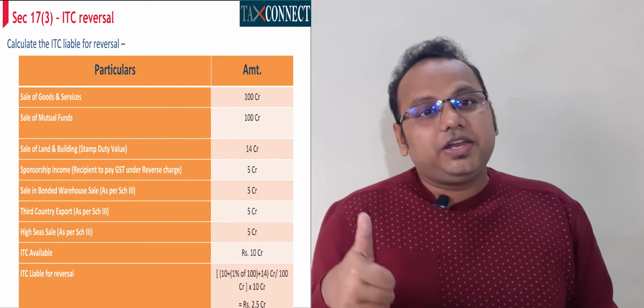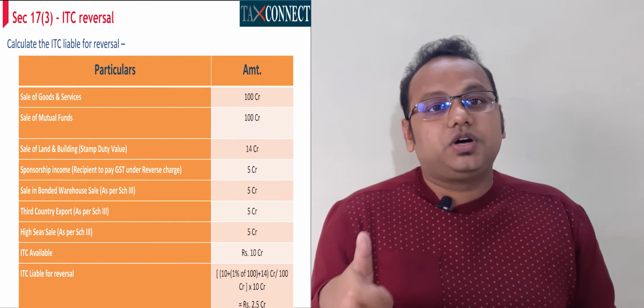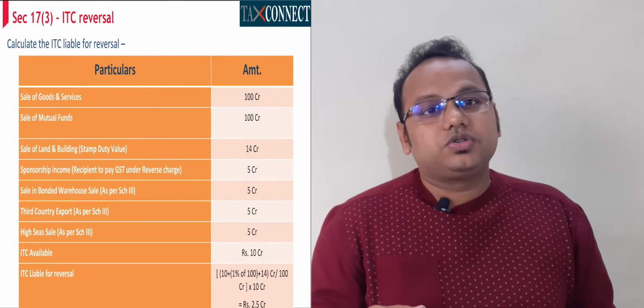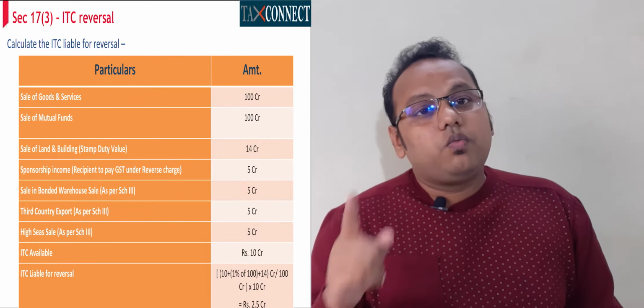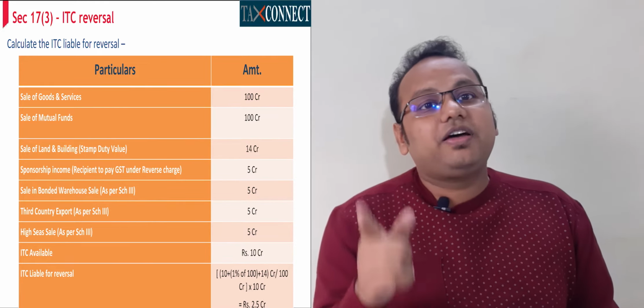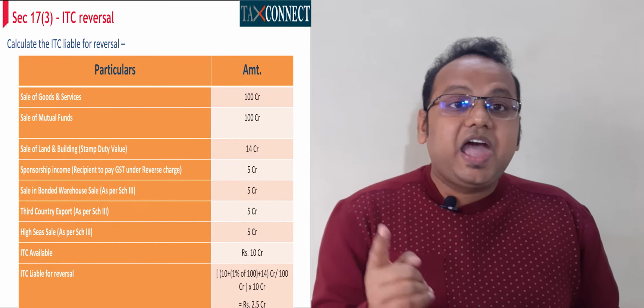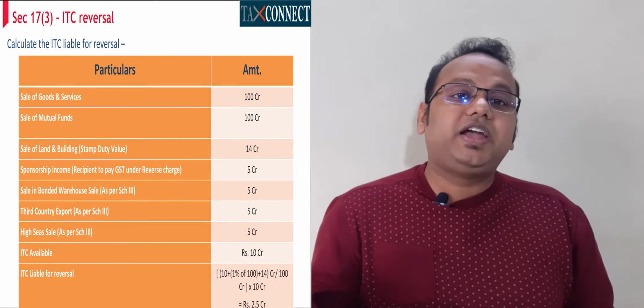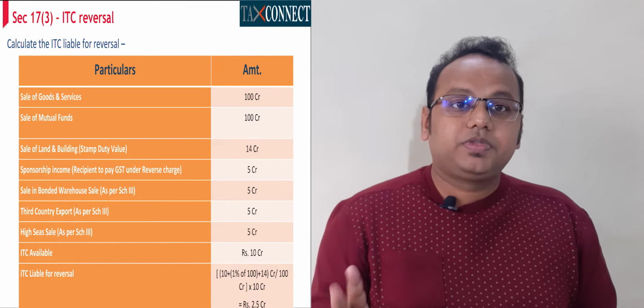So, for example, in your company, you have sold investments worth rupees 500 crores. So, 1% of 500 crores, that is 5 crores, would be the value of exempt supplies, and a proportionate reversal of the entire ITC needs to be done.